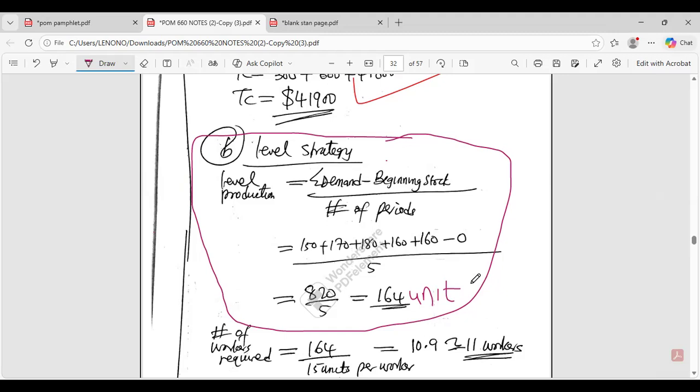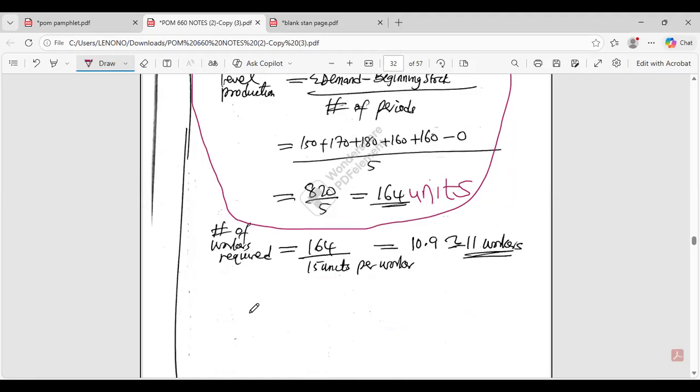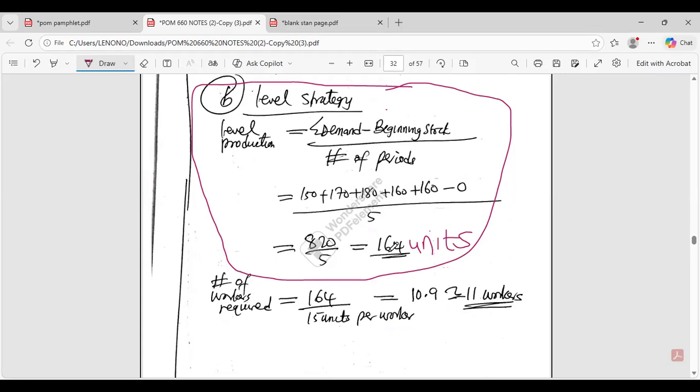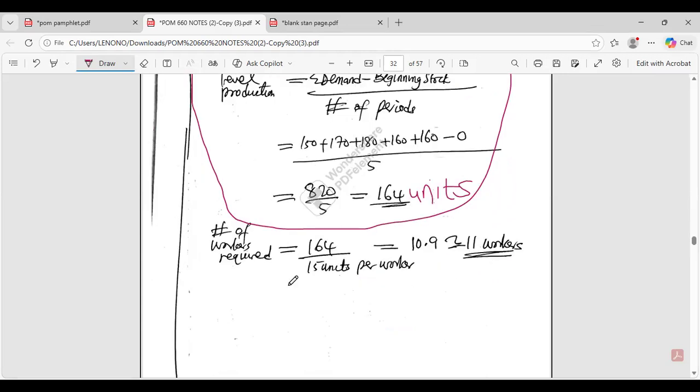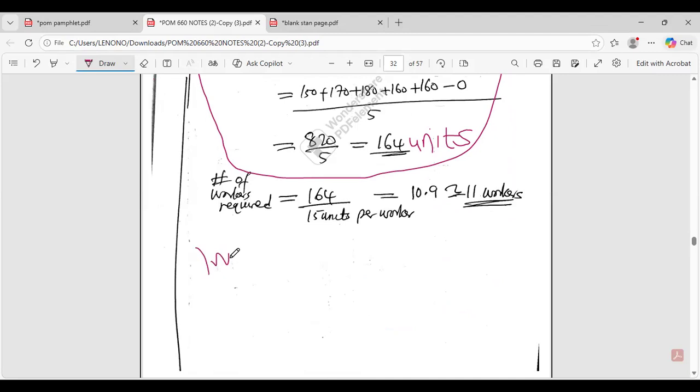So the number of workers required in this case will be 164 units. And one worker is able to produce how many units?